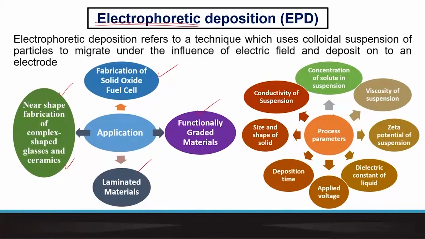The typical process parameters will be of course the concentration of solutes in the suspension, the viscosity of the suspension, the zeta potential, which will control the rate at which the deposition occurs, the dielectric constant of the liquid, the voltage that we apply, the length of the deposition time, size and shape of the solid substrates on which deposition is happening, and of course conductivity of the suspension.